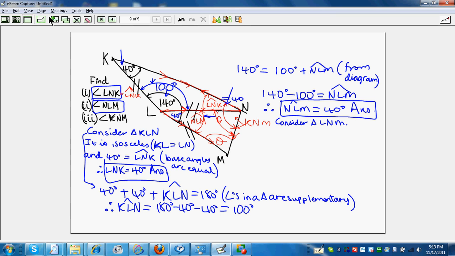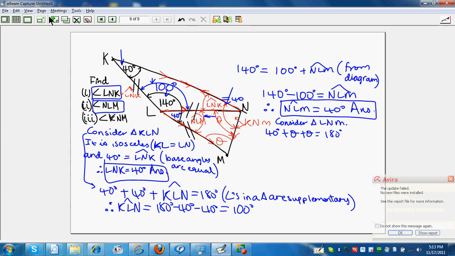So we write 40 plus theta plus theta, that is 40 plus 2 theta, must be equal to 180 degrees.